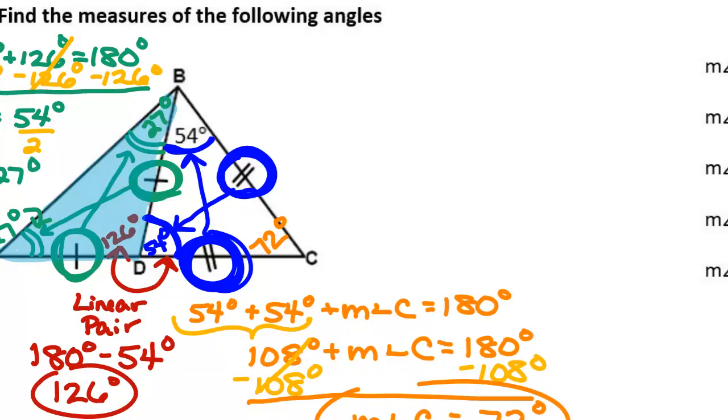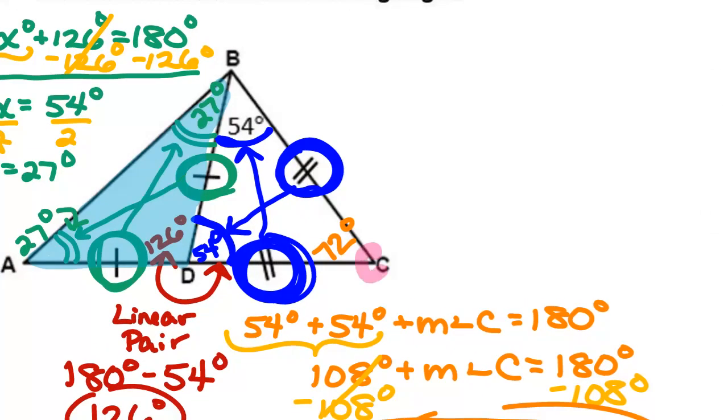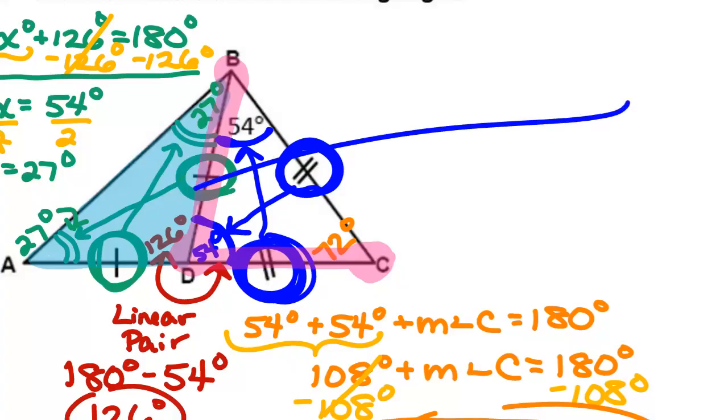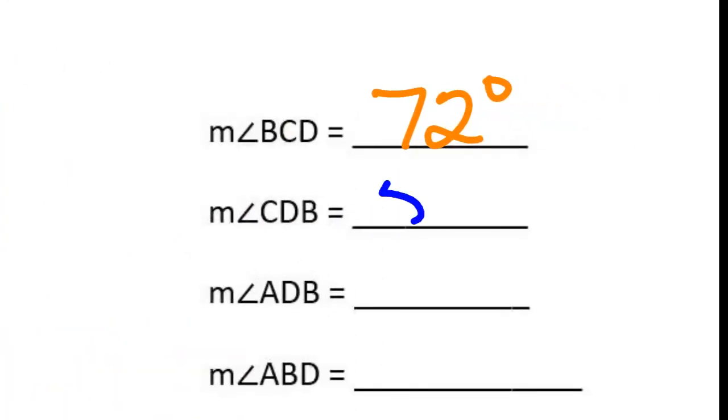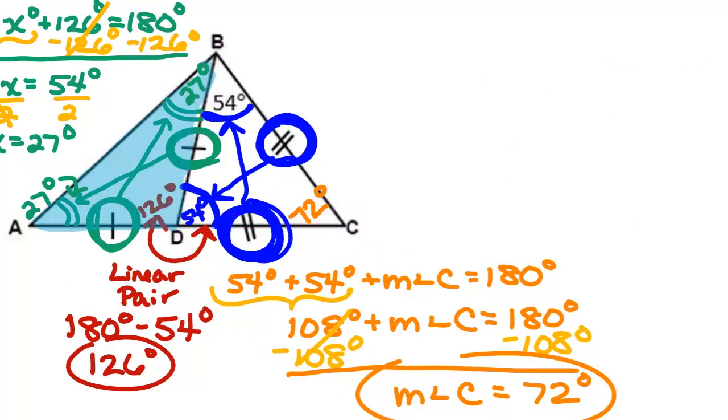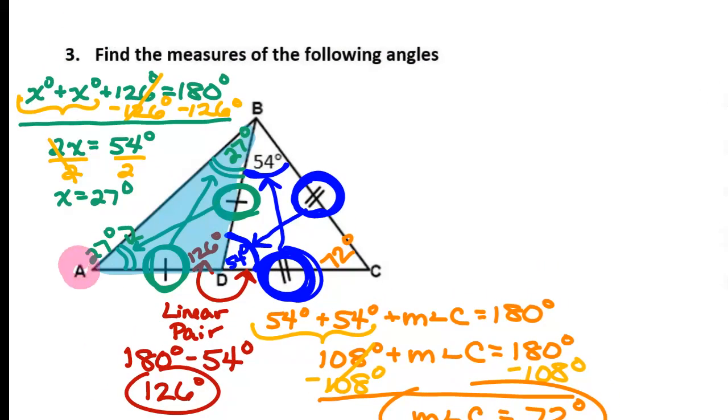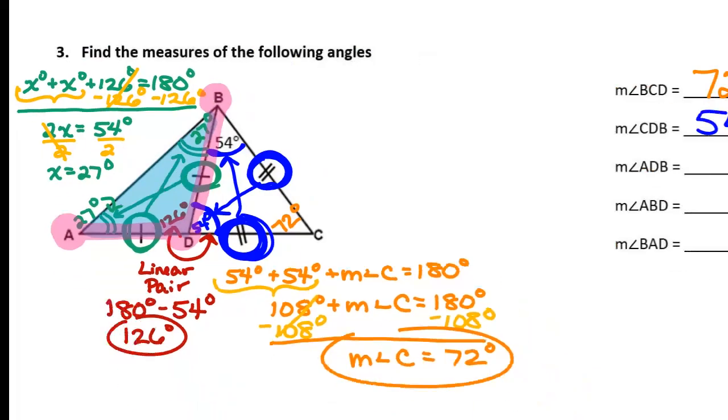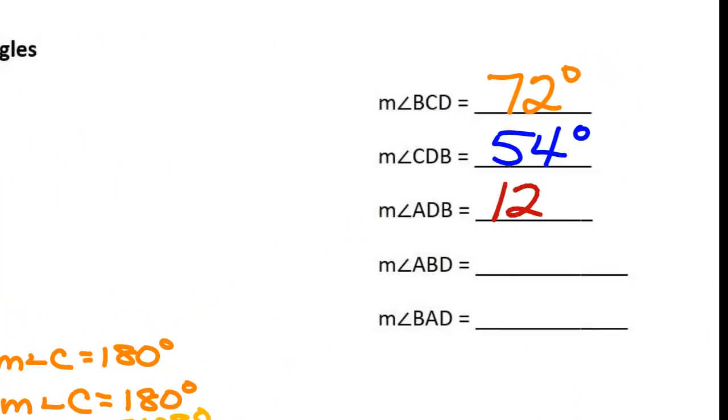Next angle is CDB. How big is that angle? 54 degrees, yes. All right. Then we have ADB. How big is that angle? 126.